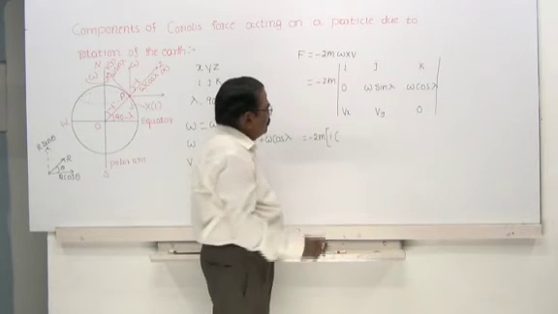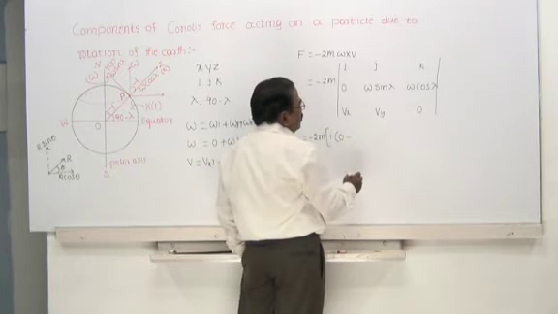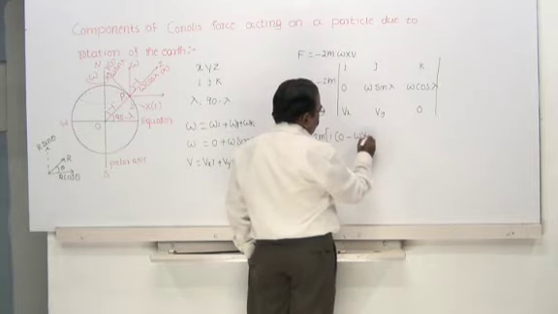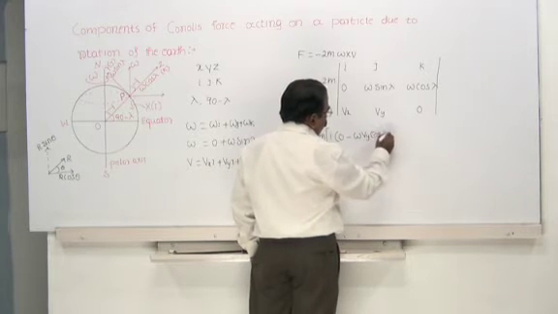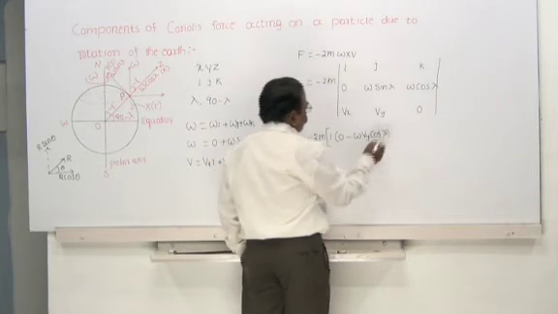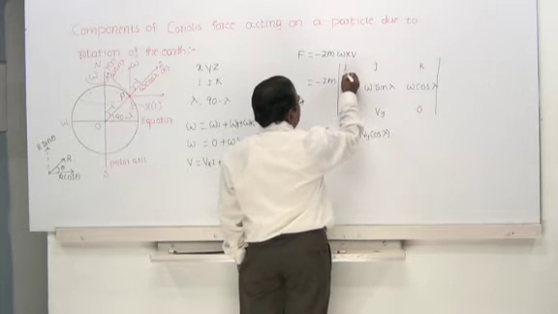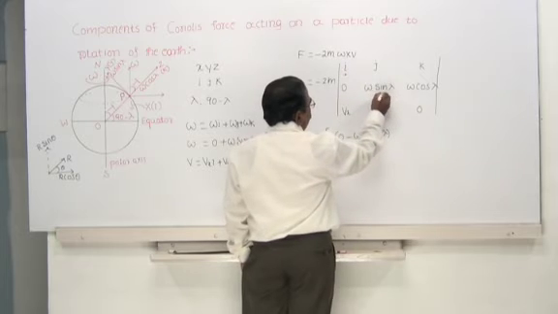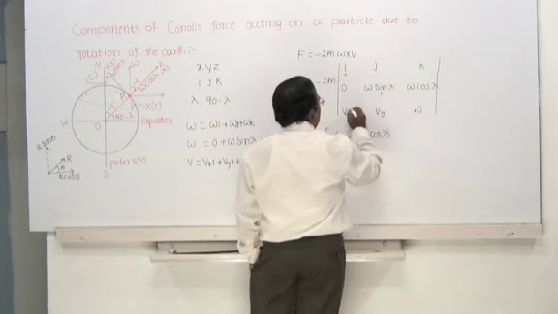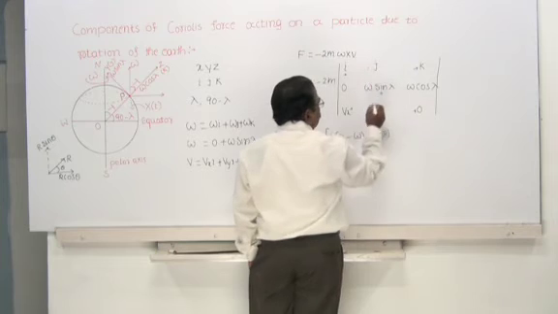This is 0 minus omega Vy cos lambda. The signs in the determinant are plus, plus, plus for the first row, and the others are minus.